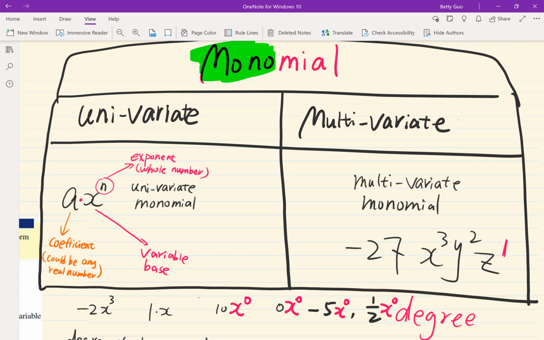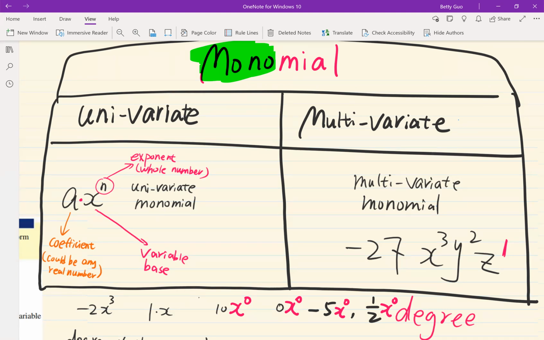The second part is the variable base. Most of the time we use the variable x as the variable base. Sometimes we use y, or a or b or any letter. That is easy. The third part in the form is the exponent on the shoulder of the variable base.